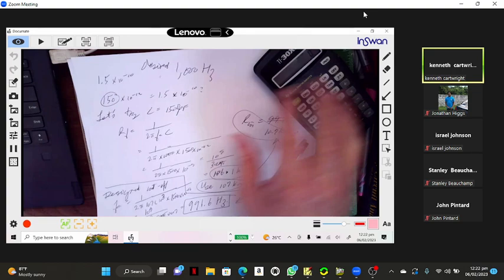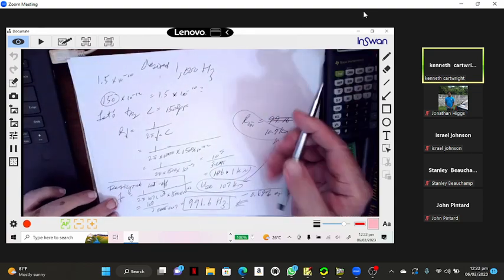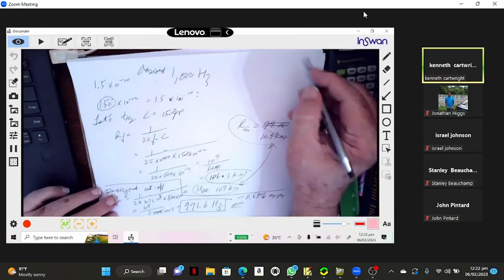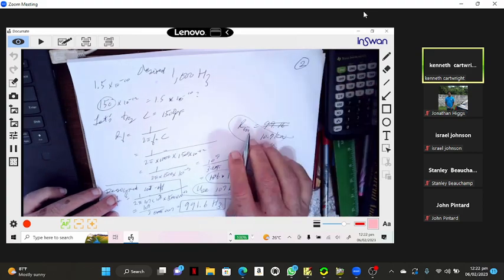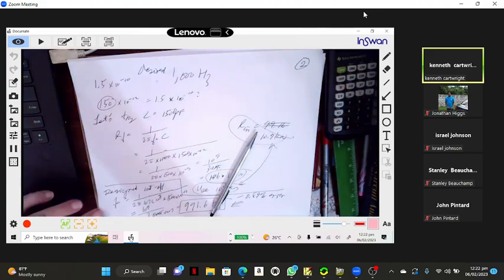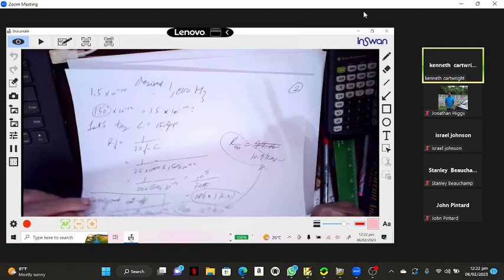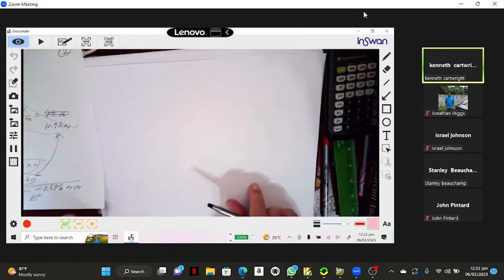Before I go on, any questions about this? And then, of course, the last step of the homework was to measure the actual cutoff frequency. And that means plotting the magnitude response and plotting the phase response.